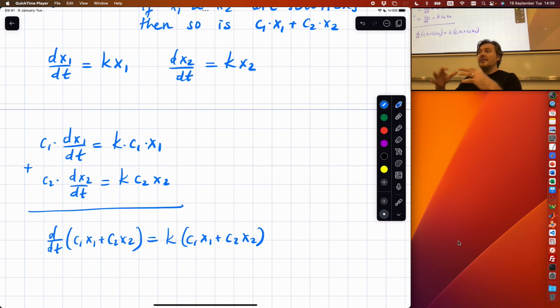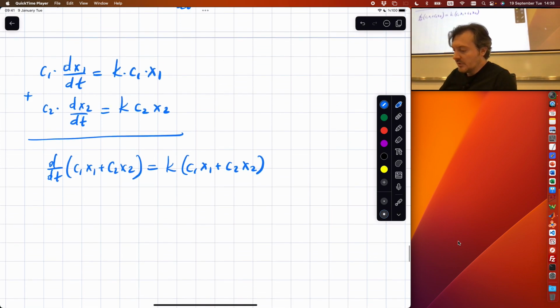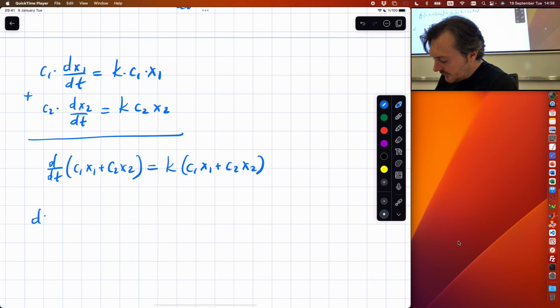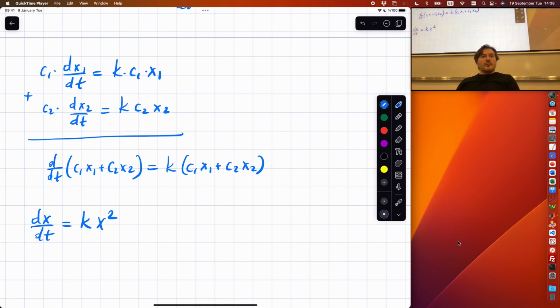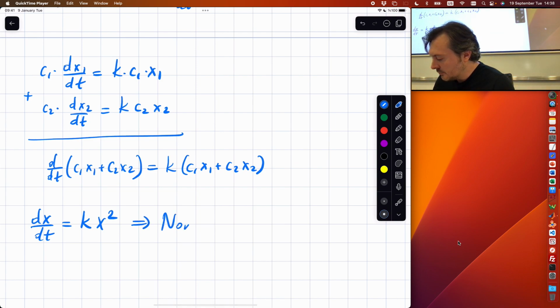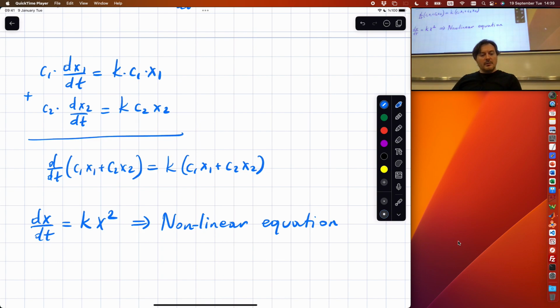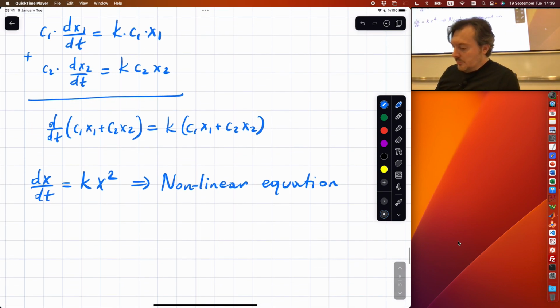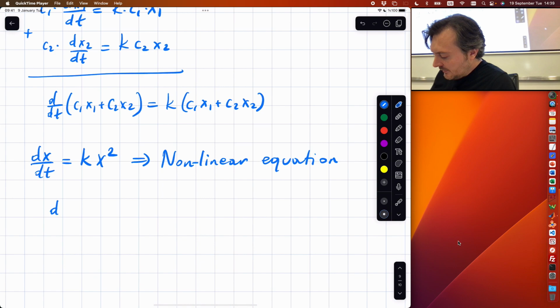So you cannot do this with this equation. This is a nonlinear equation. Okay, and let's just do this one, dx1 over dt.